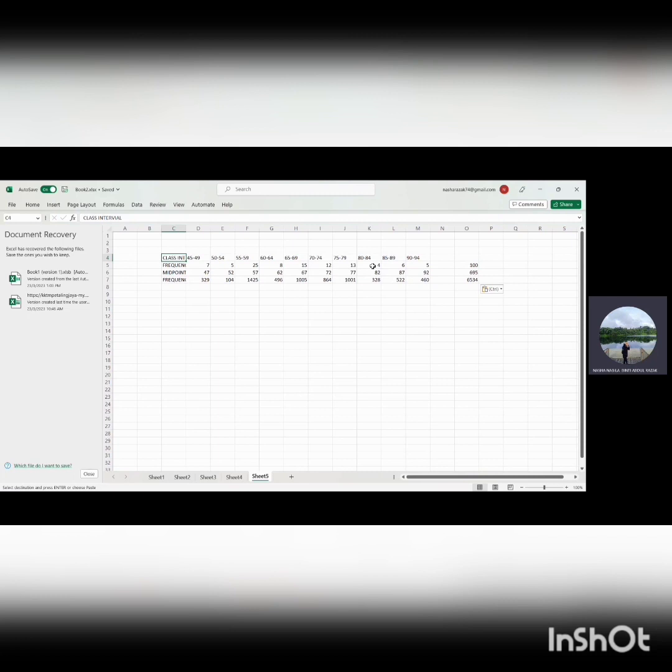So let's see how to get the range value. The first step, we need to find the maximum and minimum value to get the range value. So this is minimum, and this is the maximum value.